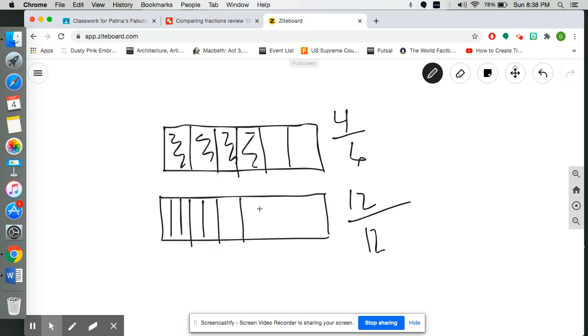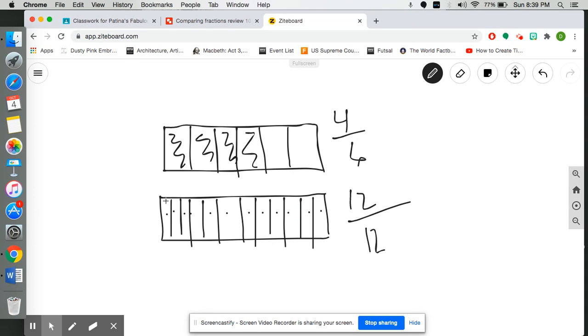And that was not very equal, fifth graders, but I tried my hardest. Okay, and then this is 12. So let's count and make sure. 1, 2, 3, 4, 5, 6, 7, 8, 9, 10, 11, 12. I have all 12 of them shaded.